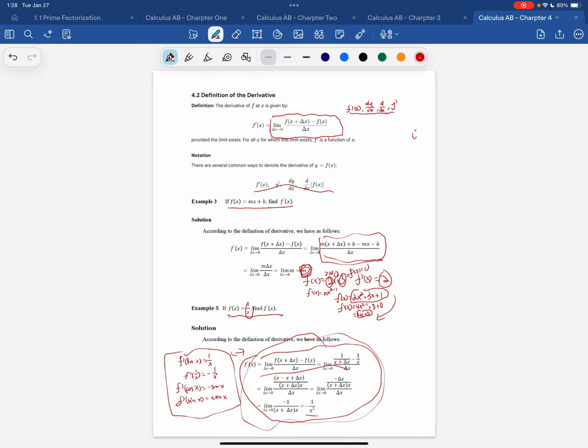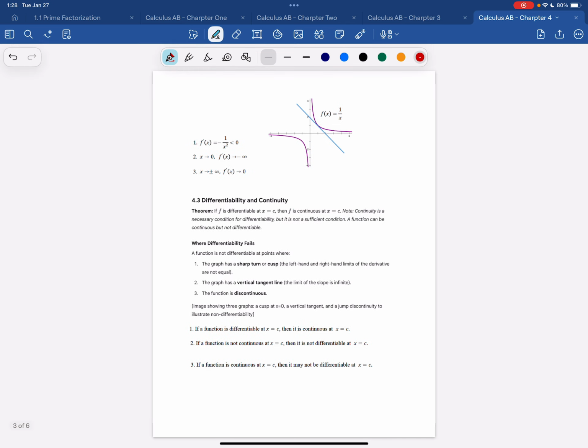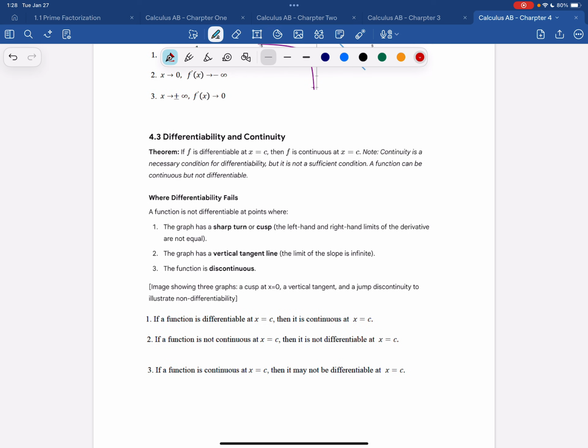So next, we're going to talk about differentiability. Okay, so what differentiable means is that if a function is differentiable, then it must be continuous.